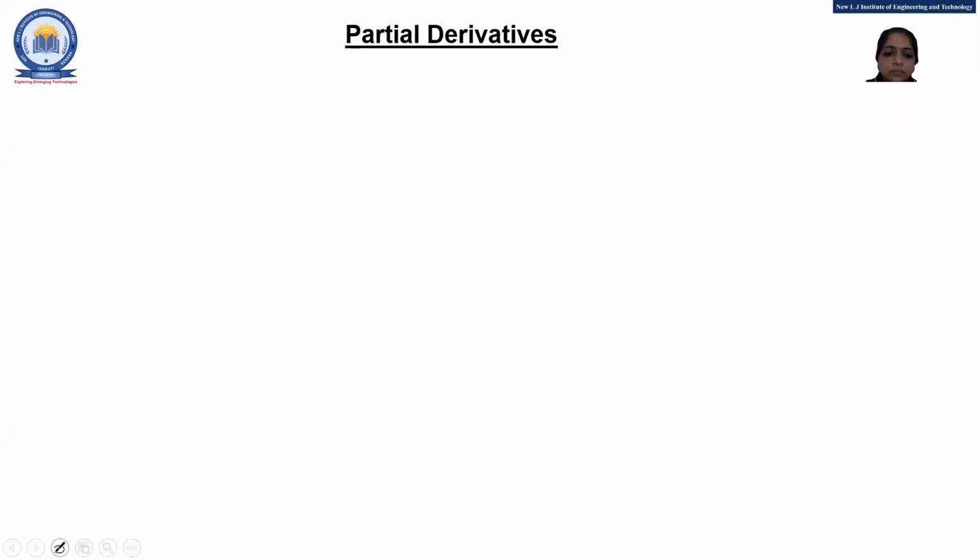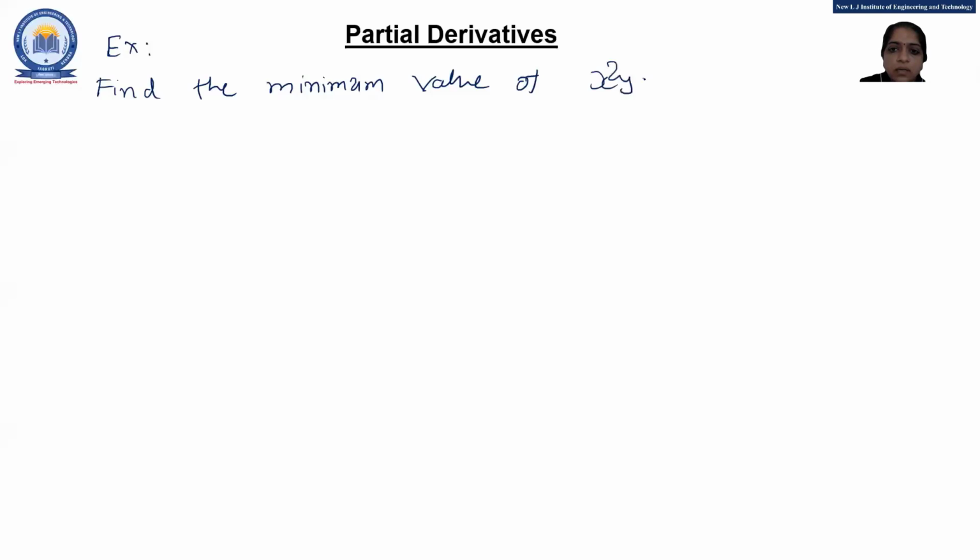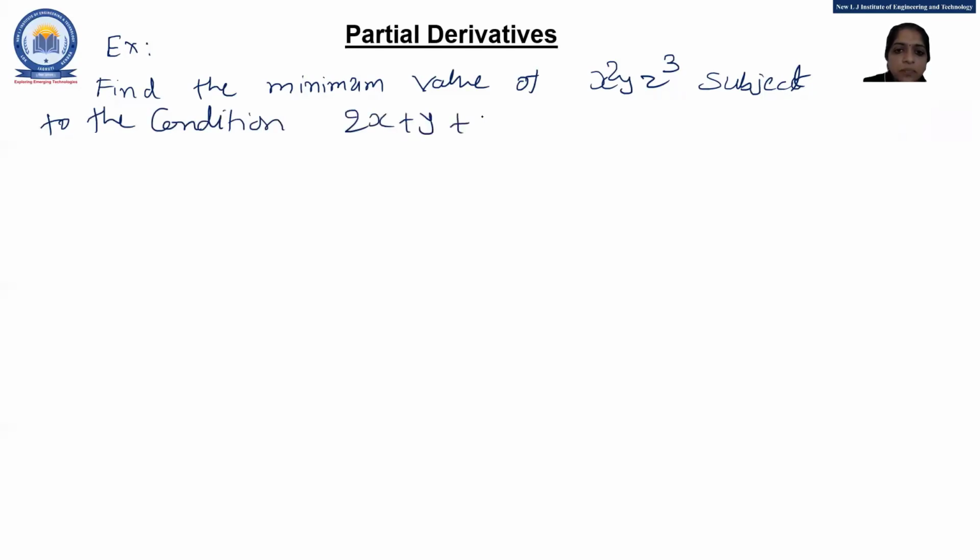Our first example is: find the minimum value of x square y z cube subject to the condition 2x plus y plus 3z is equal to 8.